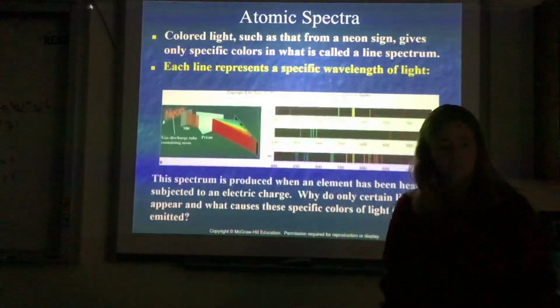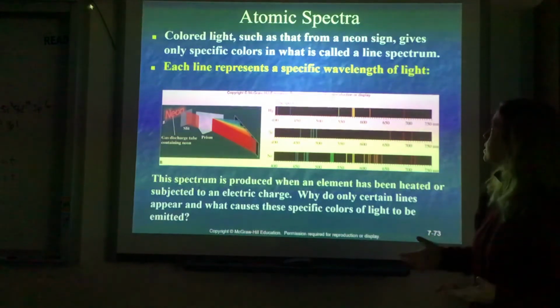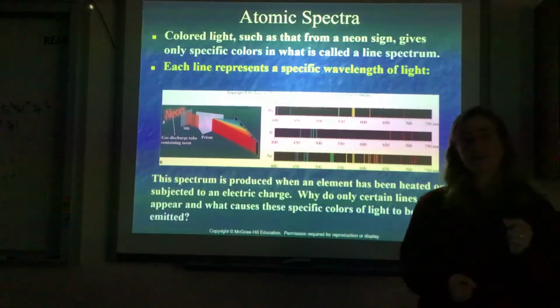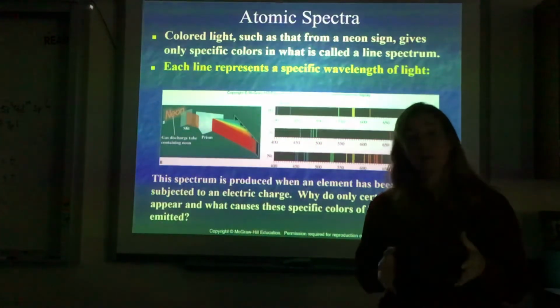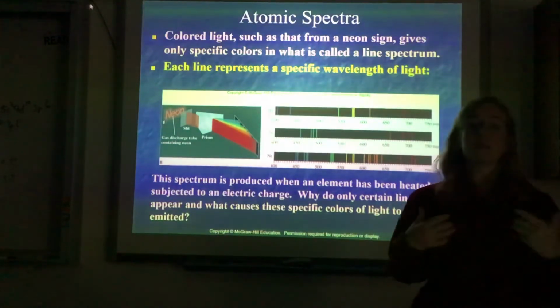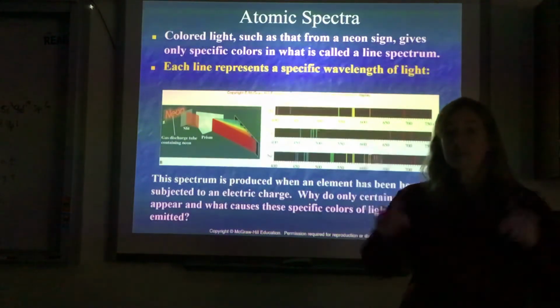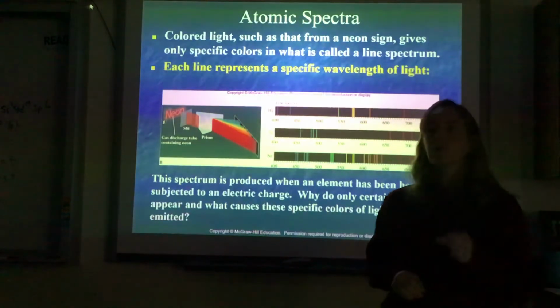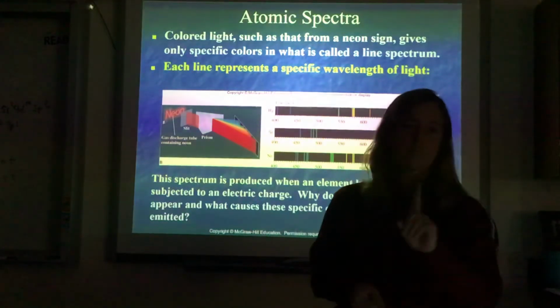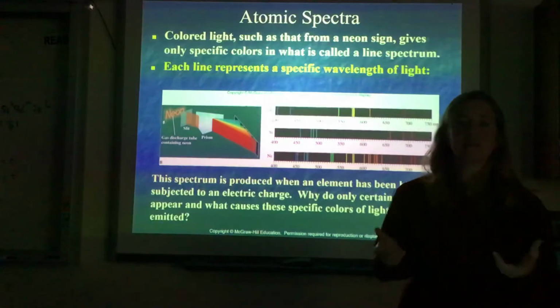Now, colored light, such as that from a neon sign, gives only specific colors, because you have to remember, this isn't white light. This is a specific element that is in a tube that's being energized. So what you see in a neon sign, and not all signs nowadays are neon. Originally, neon gas was the very first one they put into a gas tube. So that's how it got the name neon sign.